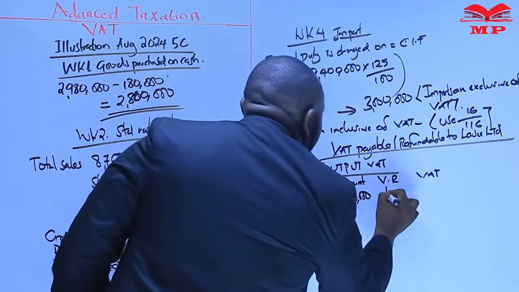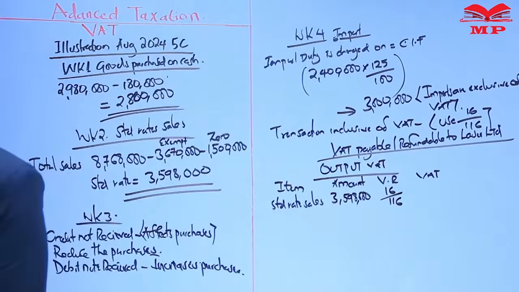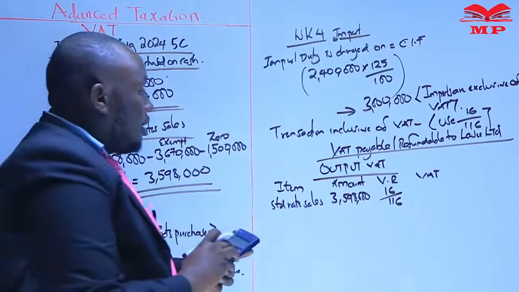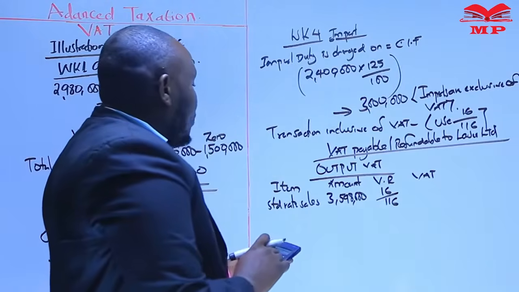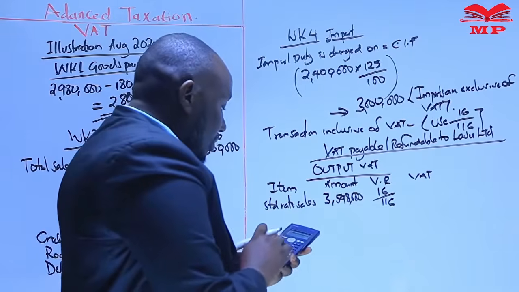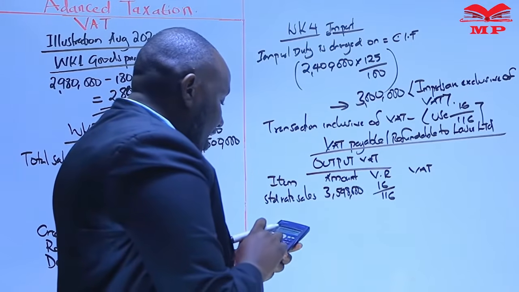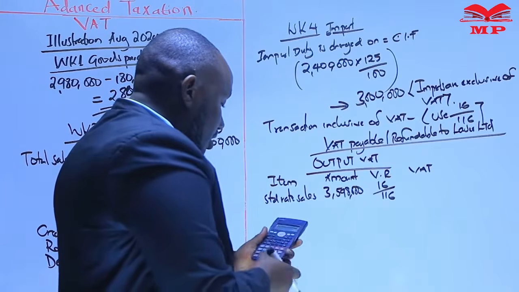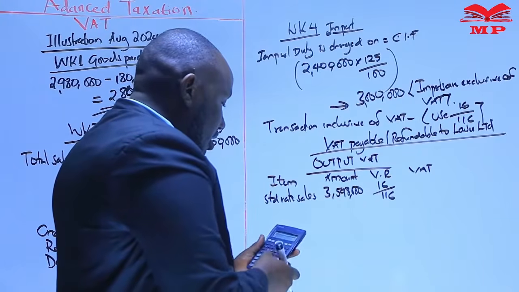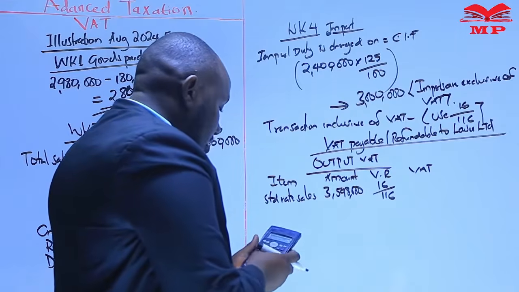3,598,000 times 16. Transactions are inclusive of VAT. So we have our calculator, and 3,598,598 times 16 over 116.